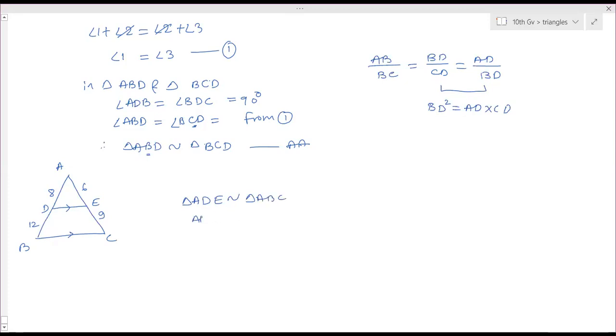So therefore, AD by AB is equal to DE by BC. AD is 8, AB is 20. That is equal to DE by BC. 4 twos are 8, 4 fives are 20. So 2BC is equal to 5DE. BC is equal to 5 by 2 DE. Okay, ma'am, got it.